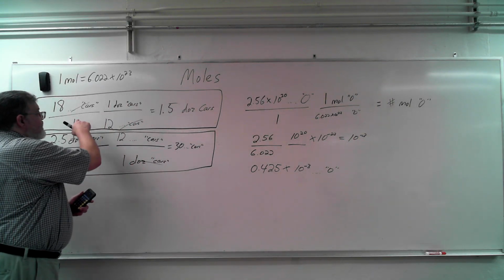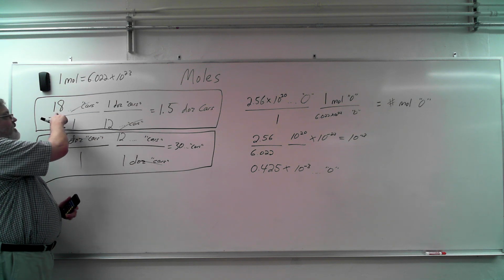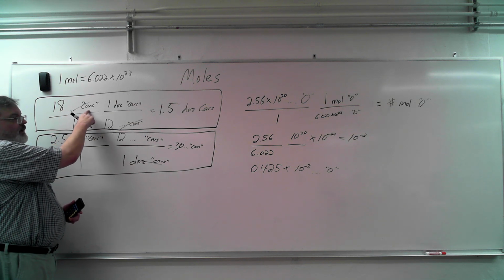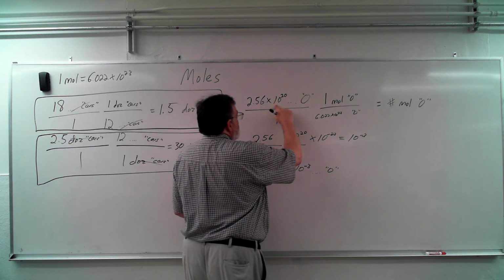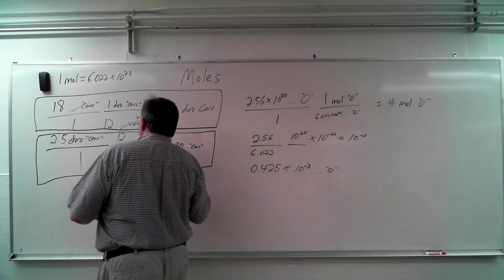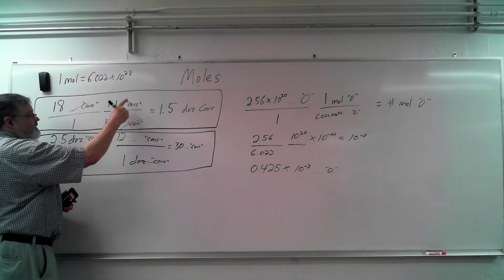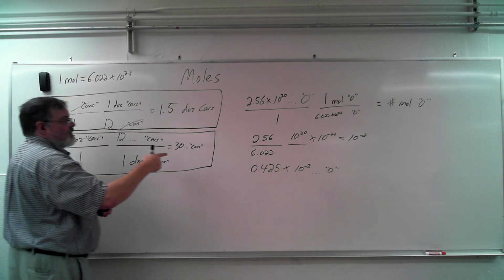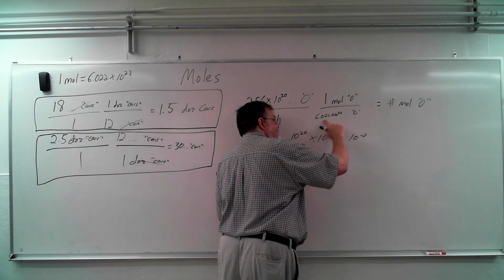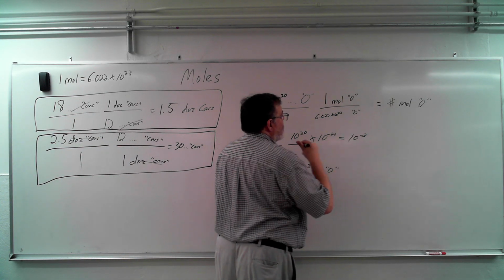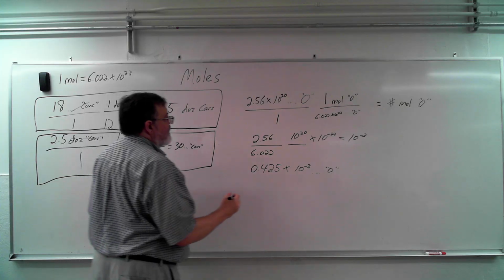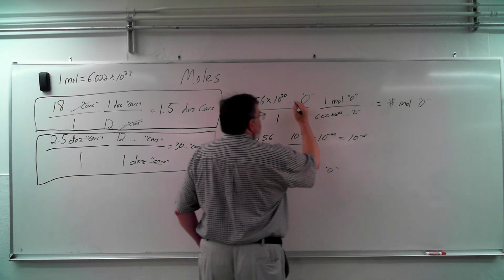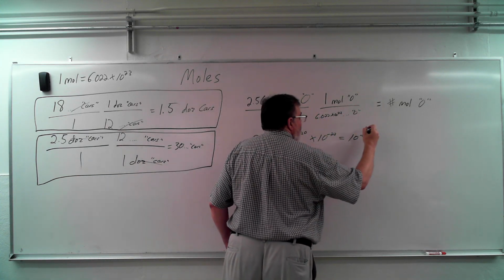And that's the analog to this one. It's some number blank the thing we're counting. And then the relationship. 1 dozen things is 12 things. 1 mole things is this many things. This blank oxygen atoms cancel.